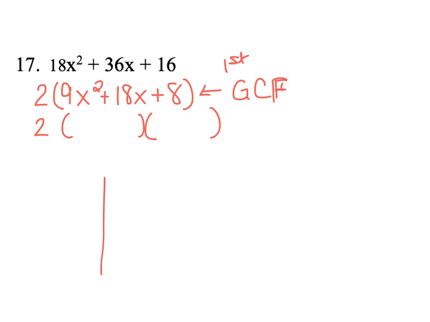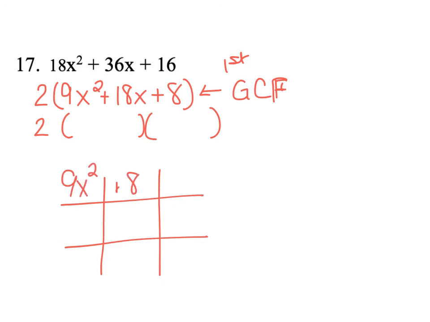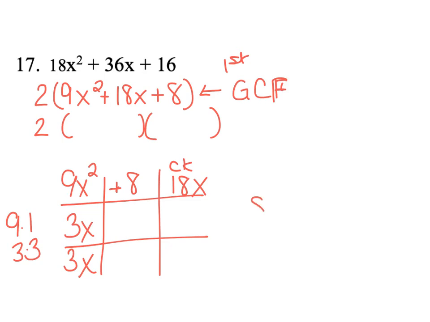But off on the side here, I'm going to set up my tic-tac-toe board. 9x squared, positive 8, and my checking term is the 18x. So factors of 9 are 9 and 1 and 3 and 3. I always start, again, with the two closest together, and I hope that they work. I do my factors of 8, which are 8 and 1, 2 and 4, and I start with my two closest together.